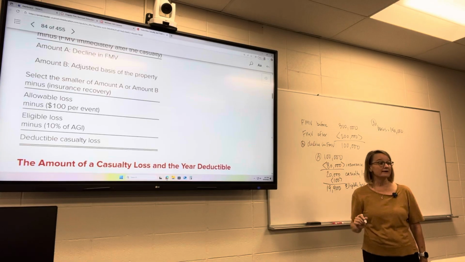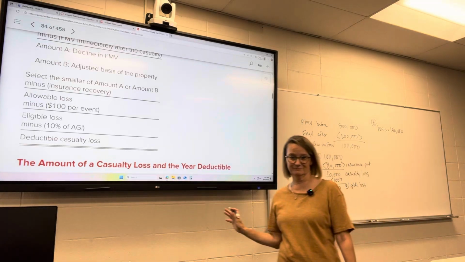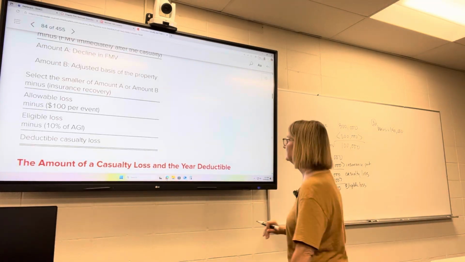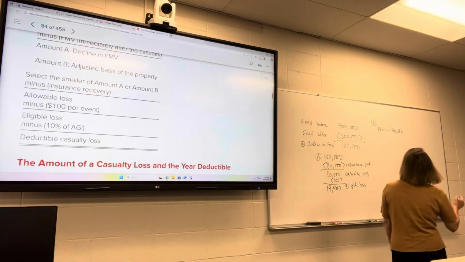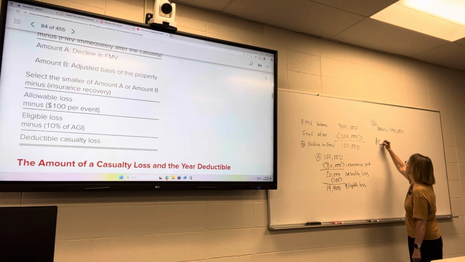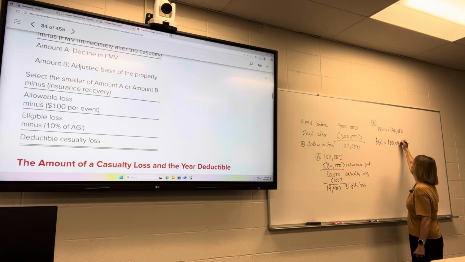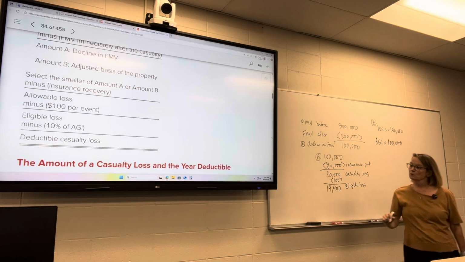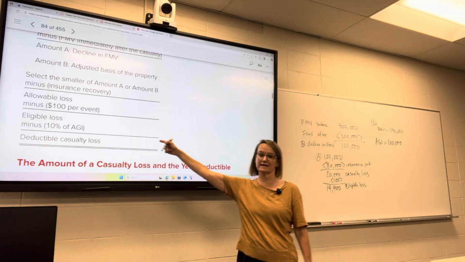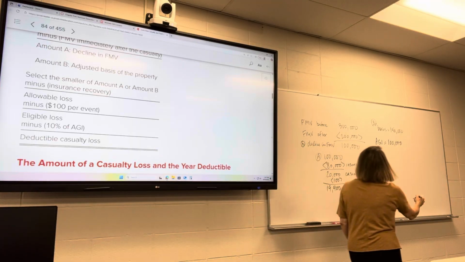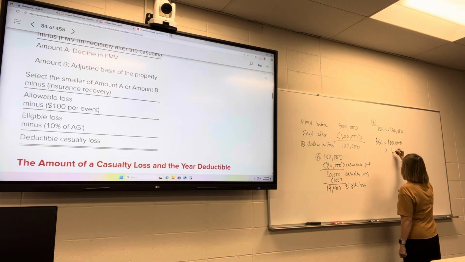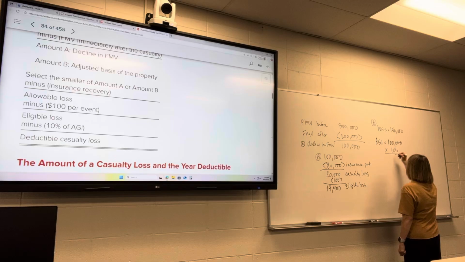Then we have to take our AGI. Again, another case where we need that AGI. Let's just say our AGI is $100,000. We have to multiply that by 10%. So $10,000.